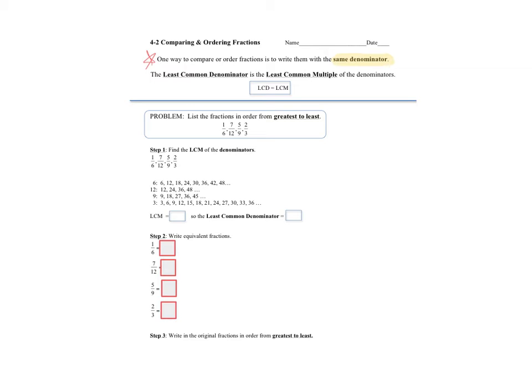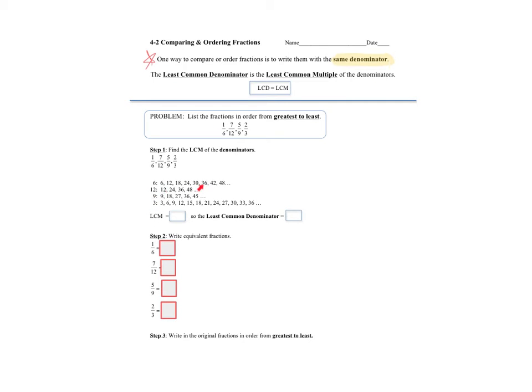So now that we have all of our multiples listed for our four denominators, 6, 12, 9, and 3, we've got to find the smallest one they have in common. Now, I know we've never done the least common multiple of 4 different numbers at one time, but it's really no harder. Instead of looking at 2 lists, we just have to look at 4 lists.